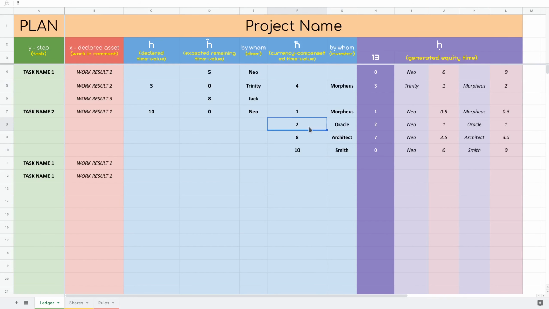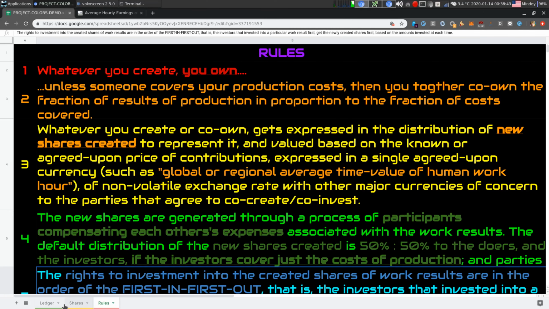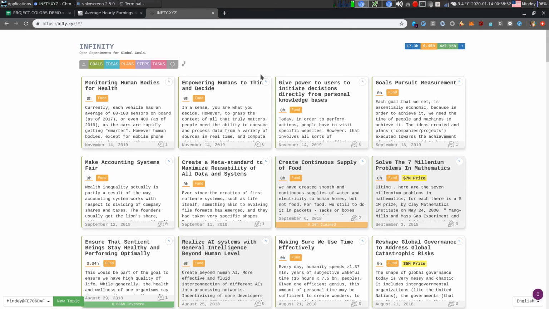Those who do investment first get the actual shares first. So yeah, this is the principle of how the Infinity model works. If you take a look at the Infinity project, it was like that.